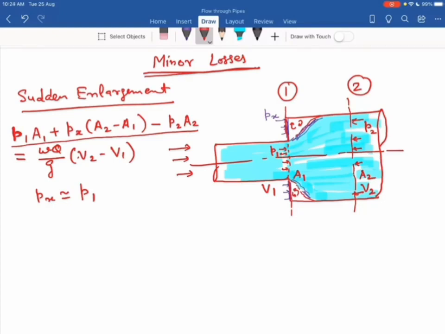Here I replace this Px by P1. So I write this relation again. P1 A1 negative sign that cancels with P1 A1. So I am left with (P1 minus P2) into A2. This is equal to WQ upon G (V2 minus V1).